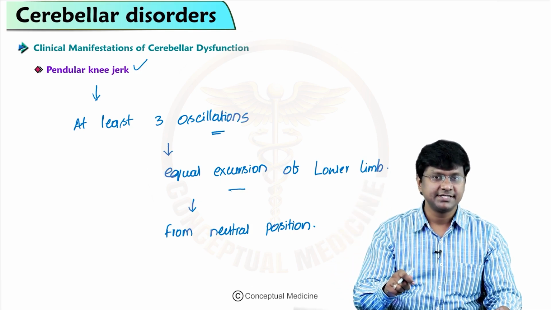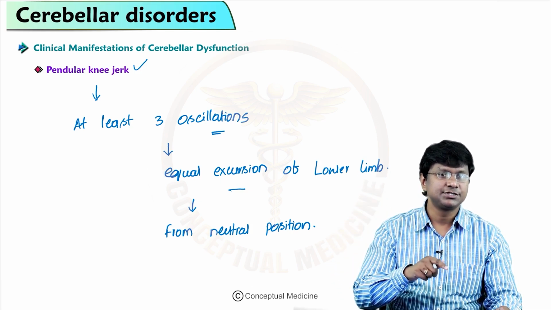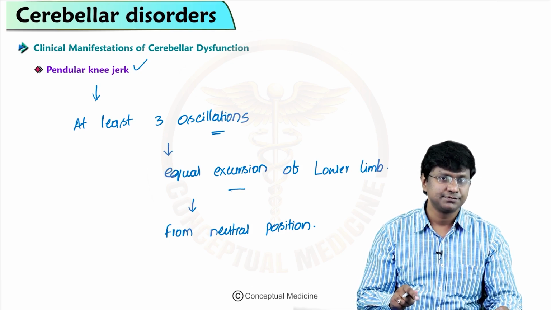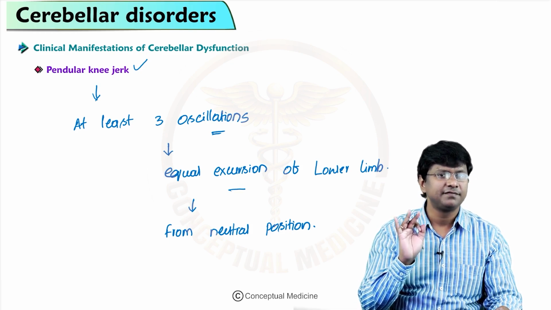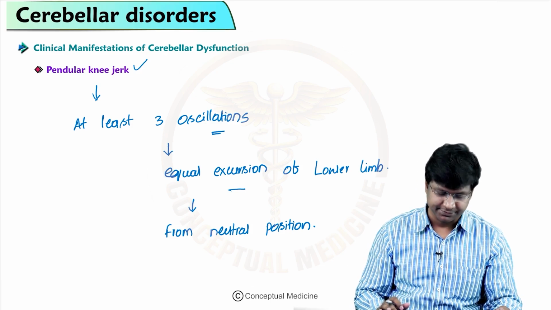Once you elicit the knee jerk, there will be equal excursion of the lower limb from the neutral position, and that will be a minimum of 3 oscillations of equal excursion.